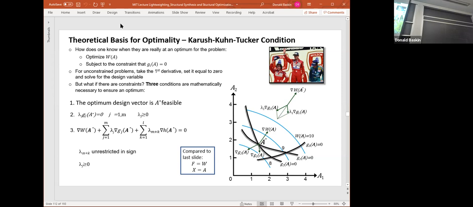And the problem is: minimize f as a function of x1 and x2, subject to your constraint g of x1, x2 equals 0.